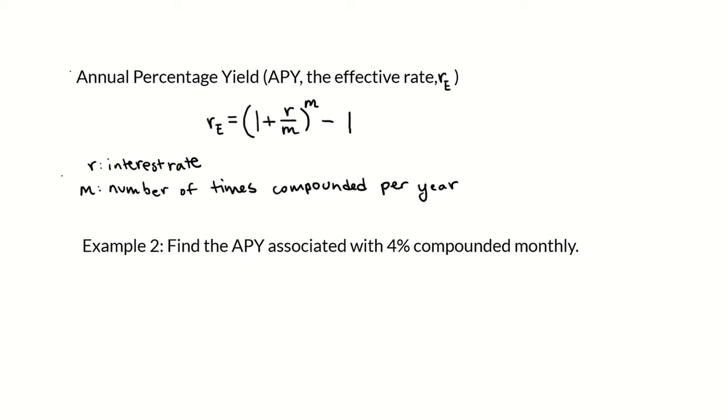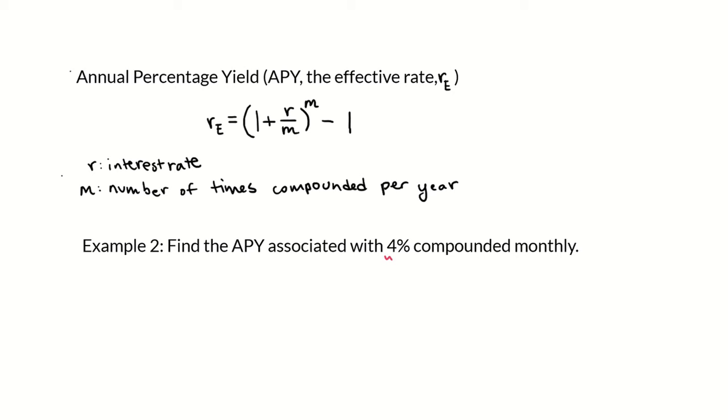The way we calculate it is R sub E, the effective rate, is equal to (1 plus R over M) raised to the M power minus 1, where R is the interest rate and M is the number of times compounded per year.